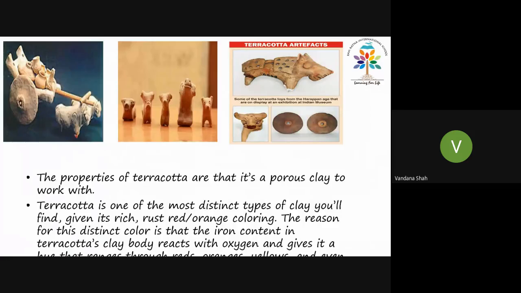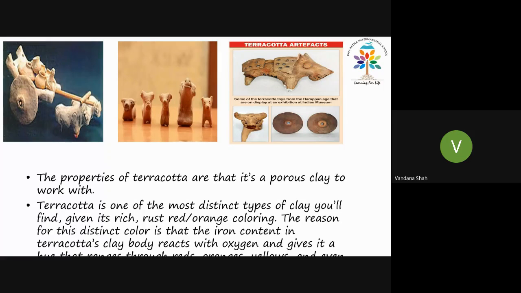Because the properties of terracotta, if you see, it's actually porous clay. They used to bake it. Even the bricks were baked at that time. So they used to bake the terracotta so that the burnt clay will give you a different shade. Today we love pottery and different pots, but that time they had done it.